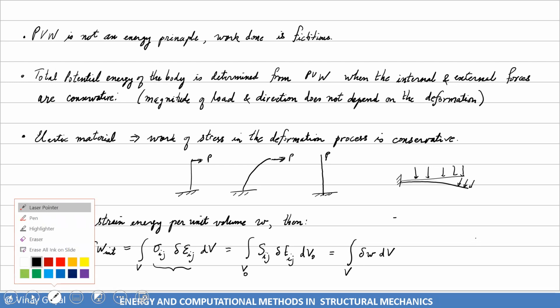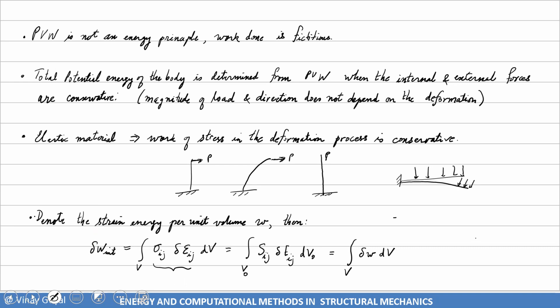So I'm going to say that a function W does exist, and I am able to write del W so that W is an explicit function of epsilon and I can expand it. If W can be written as a function of epsilon ij, then isn't this sigma ij?